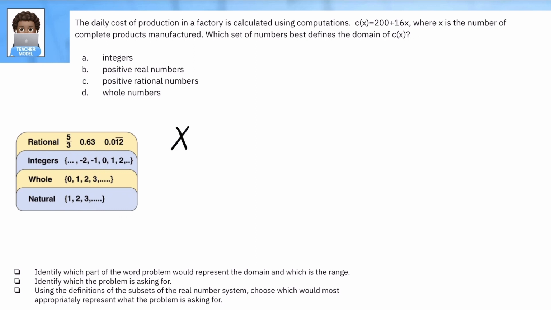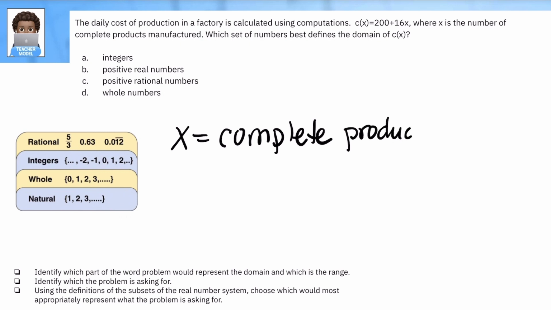So if x equals complete products sold, that means I'm going to eliminate positive rational numbers. That doesn't make the most sense in the context of this problem because these are completed products, and we're not going to talk about if half of a product was sold.